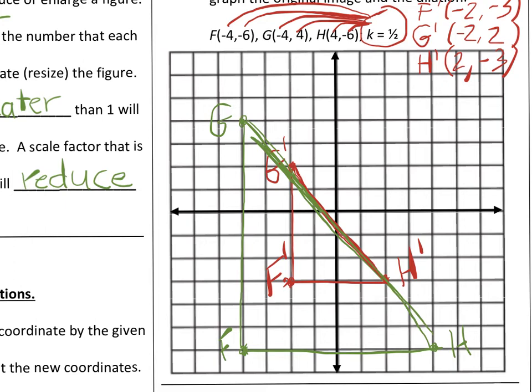For instance, the slope of the big triangle, rise over run, would be 10/8, which reduces to 5/4. Then if I look at my new triangle, I've got a rise of 5 and a run of 4, so they have the same slope. And that will always happen on dilation. 10/8 is the same thing as 5/4. So they should have the same slope when you're finished.